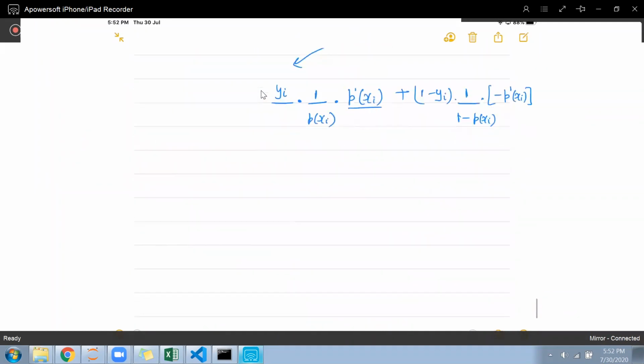I will write over here yi whole upon p of xi, p of xi, 1 minus p of xi into xi, and here also 1 minus yi whole upon 1 minus p of xi, and negative sign I'm keeping over here, and I'll write p of xi, 1 minus p of xi, into xi.